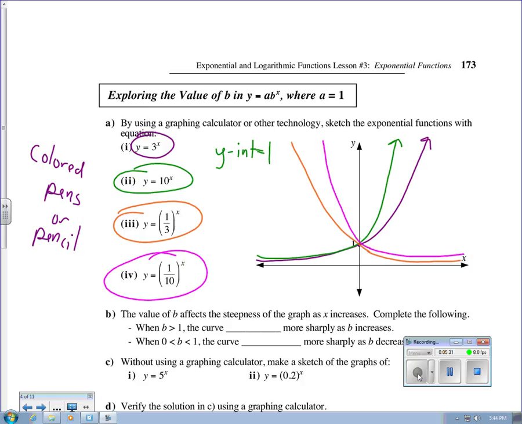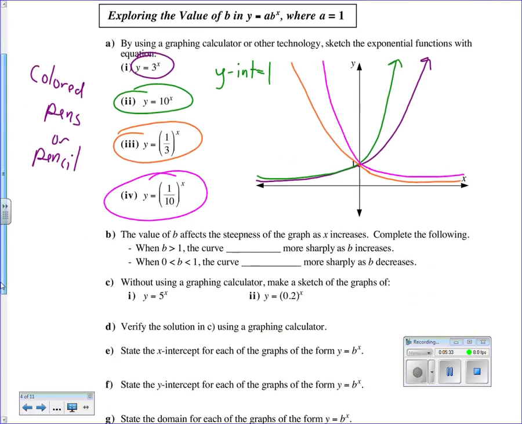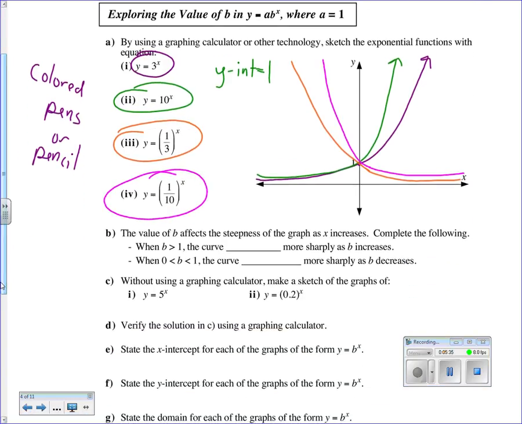Some conclusions about our b values. When b was greater than 1, like the first two graphs, the curve rises more sharply as b increases. And for the second two graphs, when b is between 0 and 1, the curve falls more sharply as b increases.